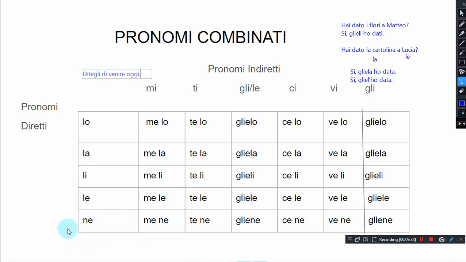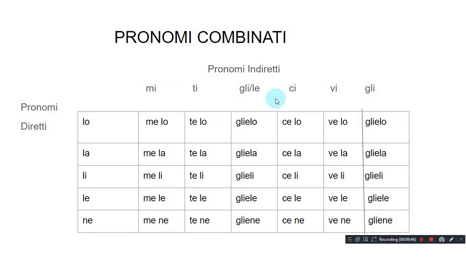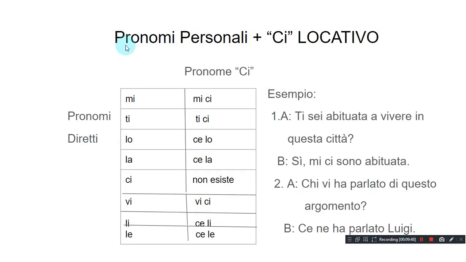Ne does not make part of pronomi diretti, direct object pronouns, but here it is included in our chart. It's ne partitivo. We're going to have a look at it in the following chart slides as well. So let's continue with our next slide.